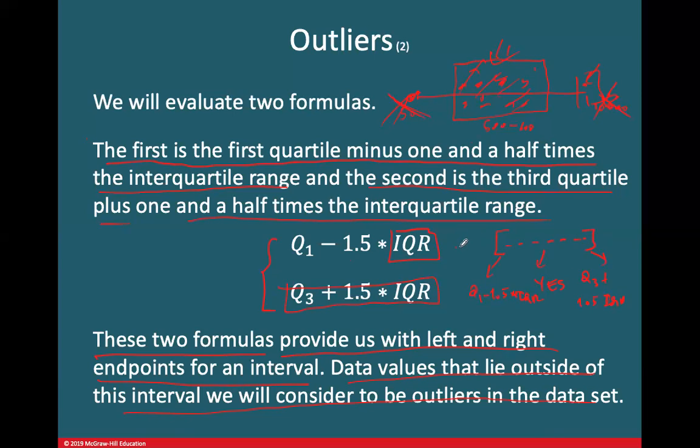But if you have any number outside, we call these outliers. These are the bias. These are not representing our data.